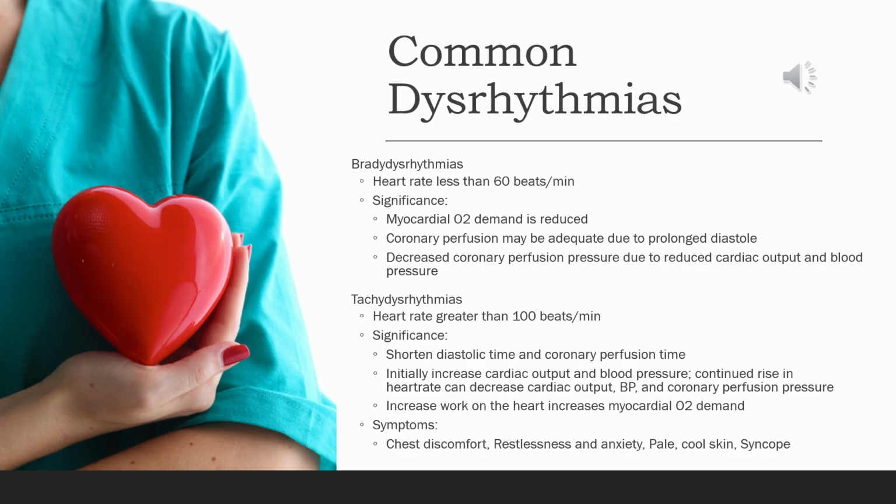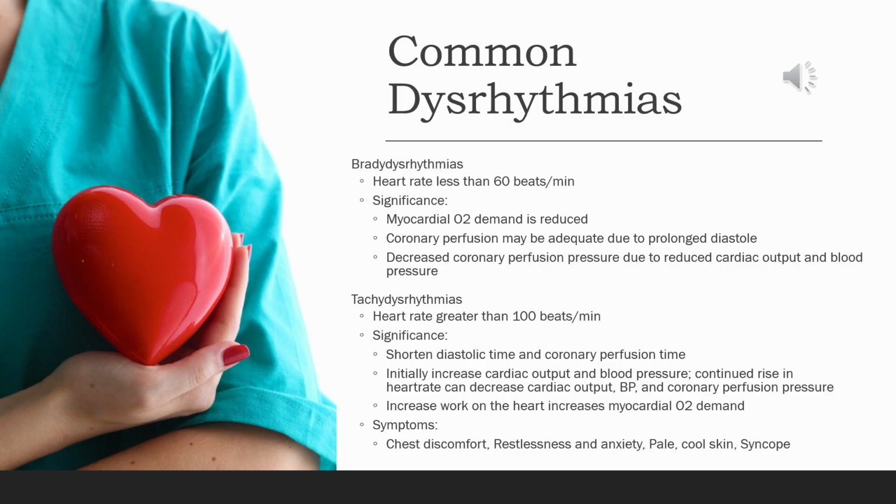Tachydysrhythmias, on the other hand, this is where the heart rate exceeds 100 beats per minute. These are particularly concerning in patients who have coronary artery disease because they shorten the diastolic time. So that reduces the amount of blood that flows into the heart. Initially, a faster heart rate can increase our cardiac output and our blood pressure.